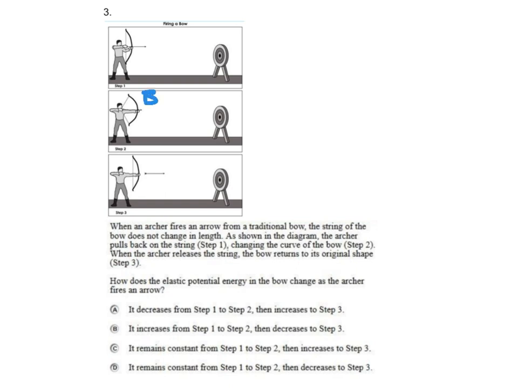Here, the bow becomes stretched. So that is where it is gaining elastic potential energy.